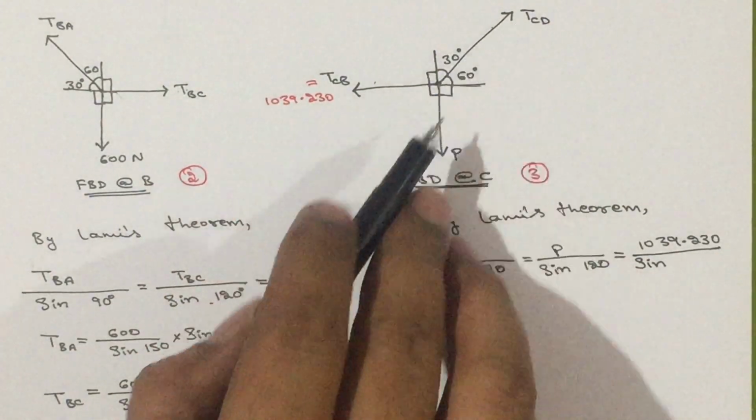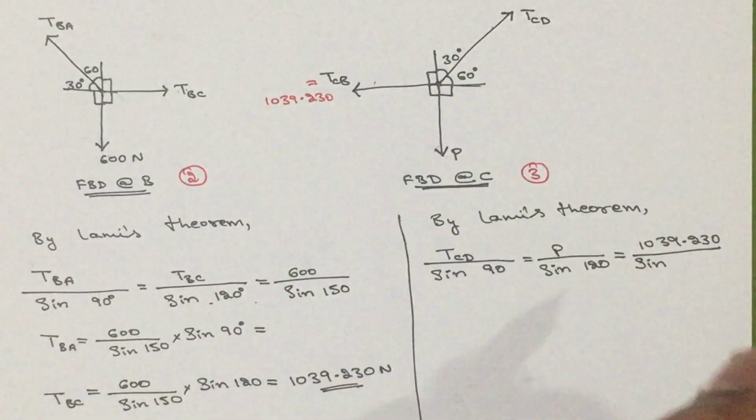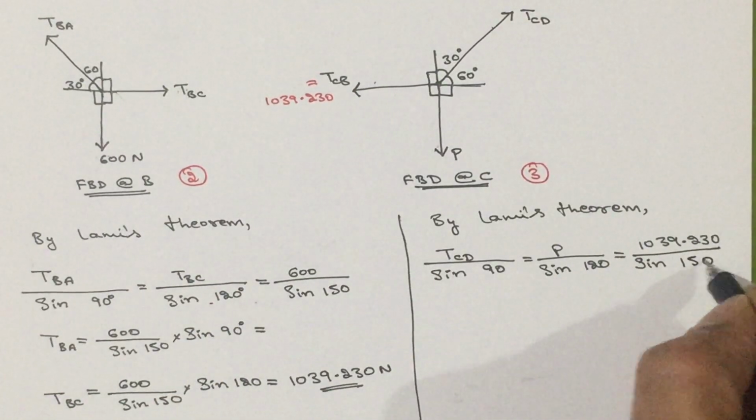The other two forces are TCD and P, the angle between them is 90 plus 60, that is 150.